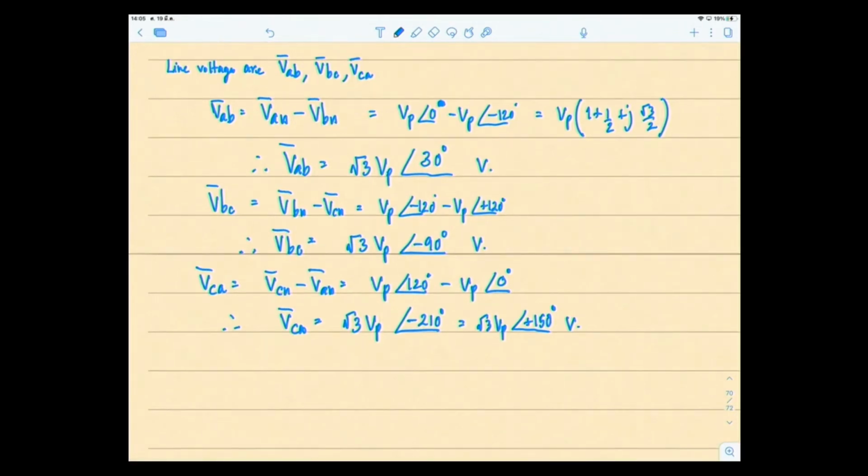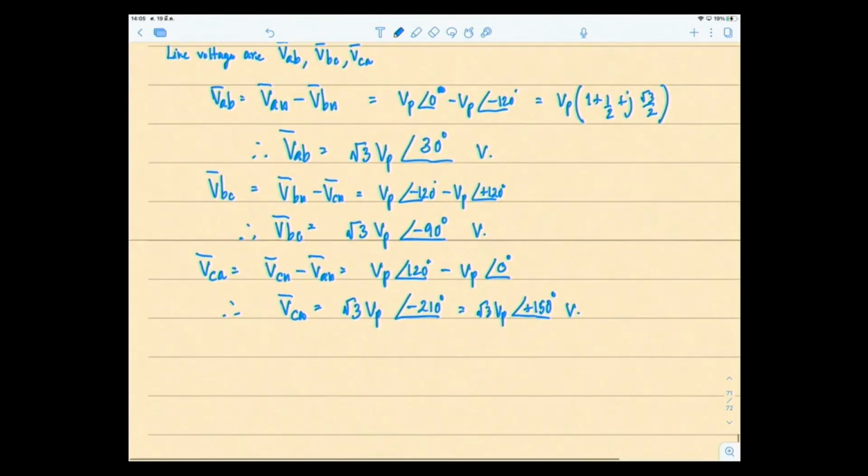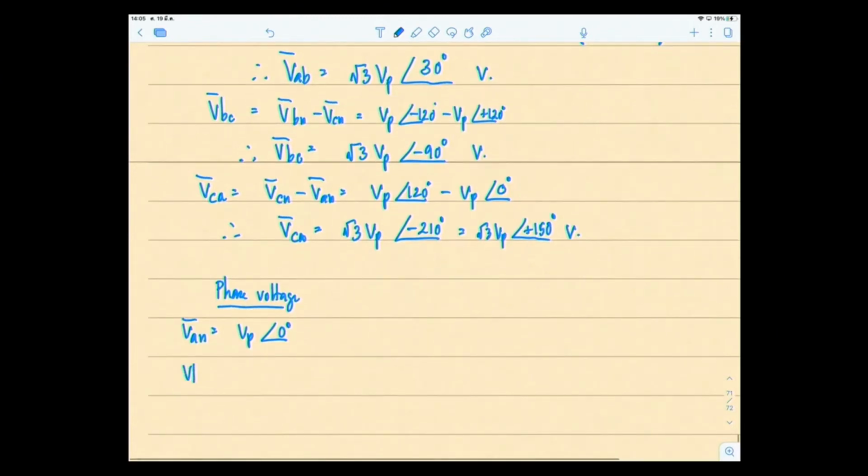So if you list it out, your phase voltages are VAN equal to VP at 0 degrees volt, VBN equal to V phase at minus 120 degrees, and VCN equal to V phase at positive 120 degrees.